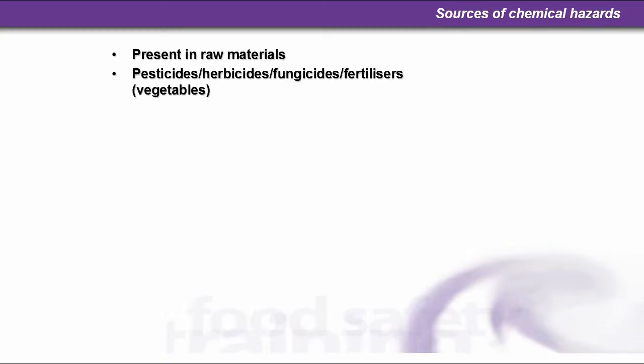Sources of chemical hazards. These could be present in raw materials, in pesticides, herbicides, fungicides, fertilizers, especially used on vegetables.